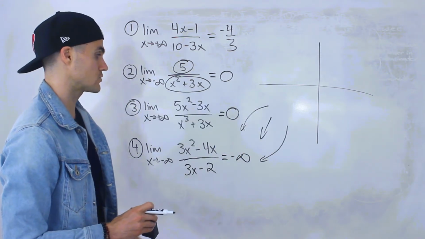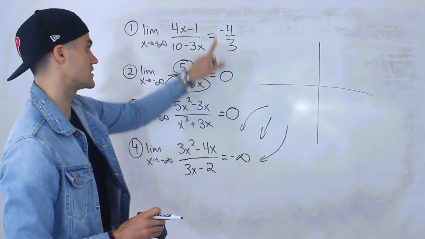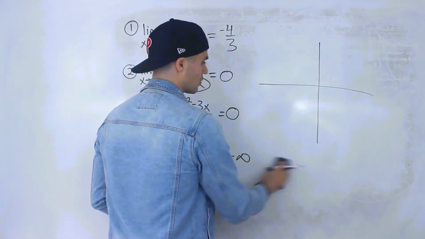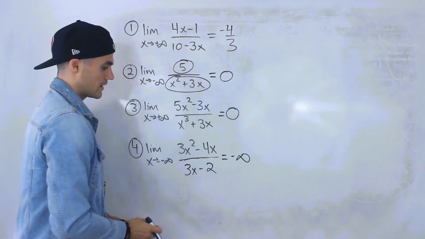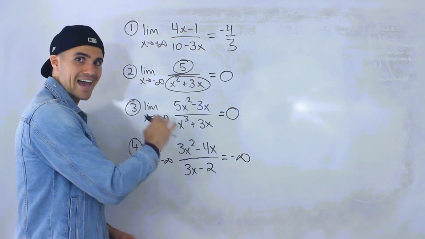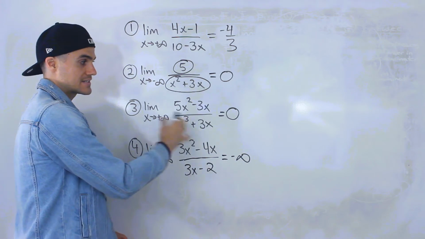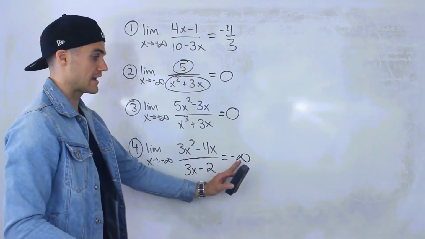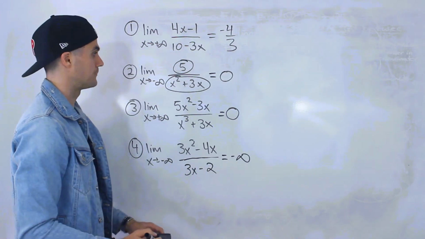So they're not going to approach a certain number like we did in 1, 2, and 3. So this one was a little bit different, and the reason was because we had that x left over. We didn't have a constant over x, we had a constant times x. So when you made that substitution, you're going to get negative infinity, and sometimes you'll get positive infinity here as well.